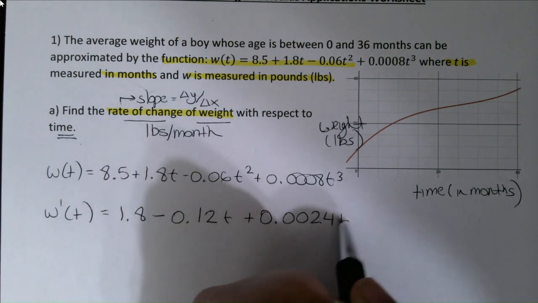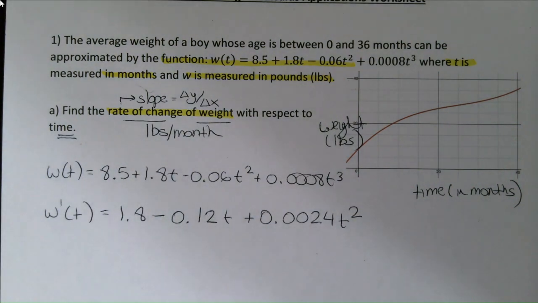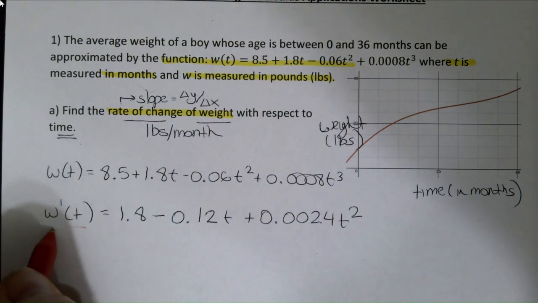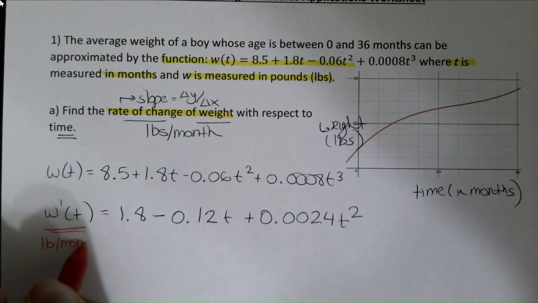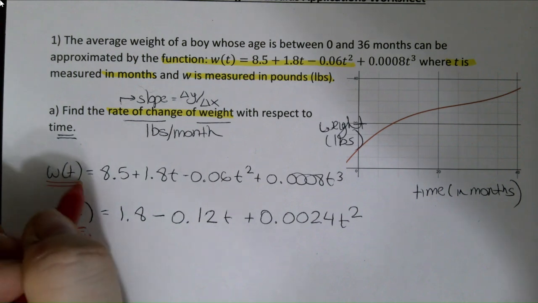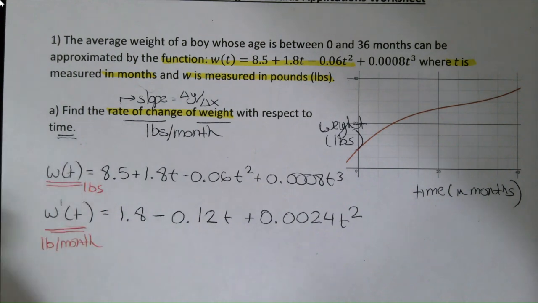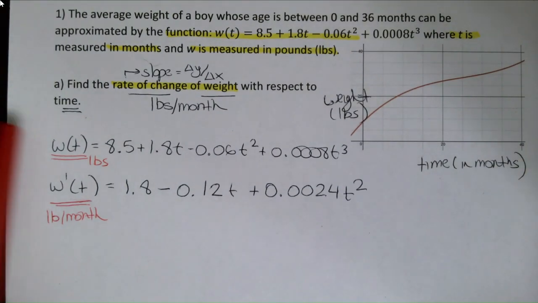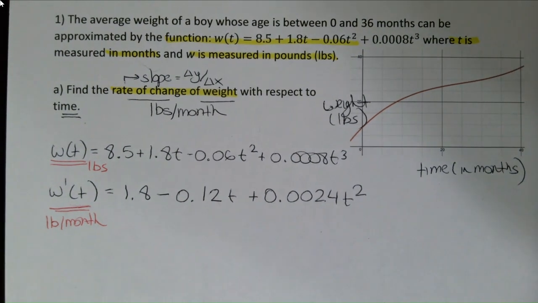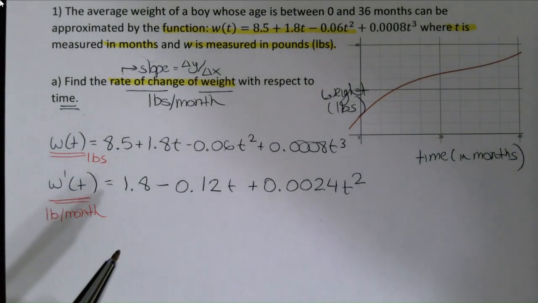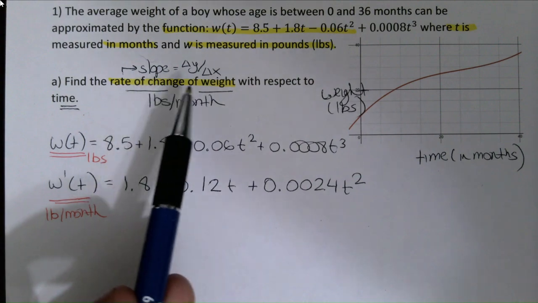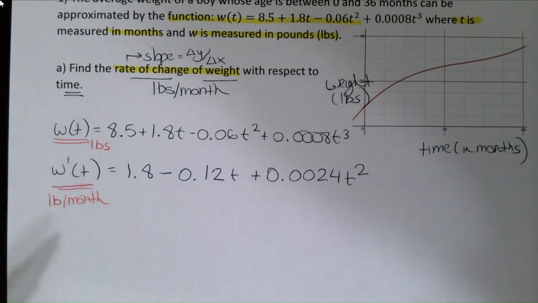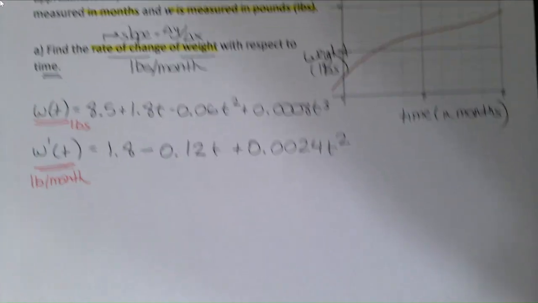So this is now a function for rate of change. This represents pounds per month. This represents just pounds. Okay, that's what we get when we take the derivative. So when it asks for the rate of change of weight with respect to time, that's what we have done by finding the derivative.